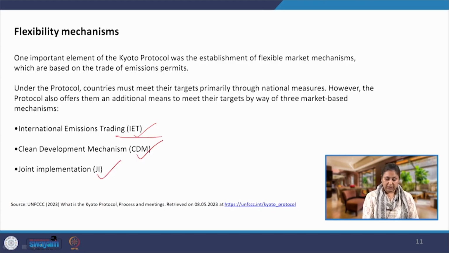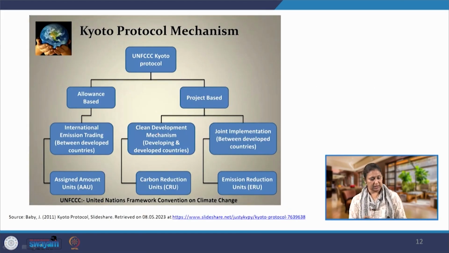When we are talking about international emissions trading, we are largely looking at carbon trading. The emissions which have been saved by one party can be traded to the other party which is emitting more. So, overall balancing the emissions across the globe was the idea. We will go over each one of these in detail now.